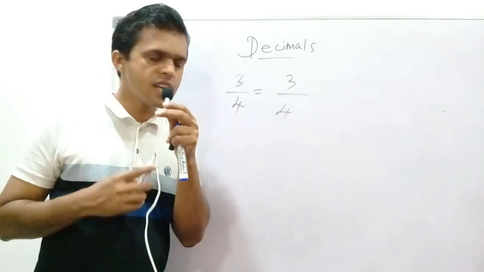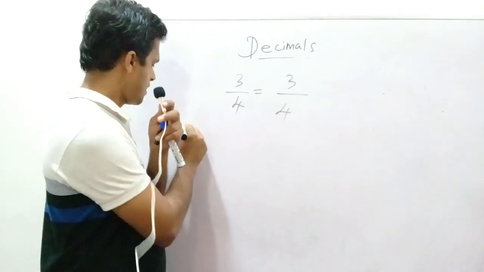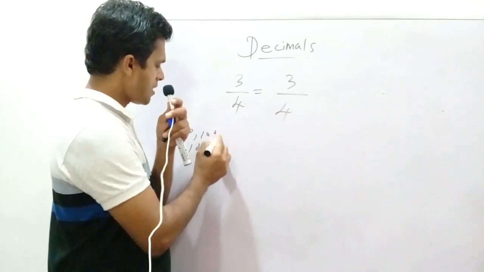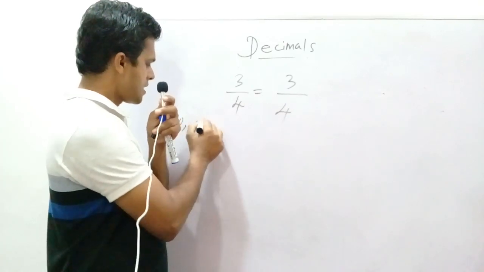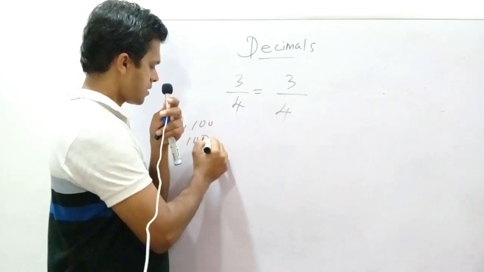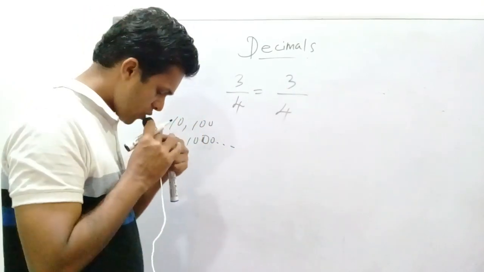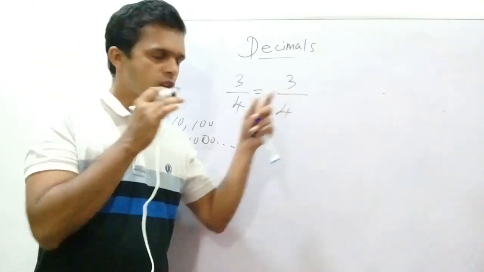Can you obtain 10, 100 or 1000? These numbers can be taken, 10, 100, 1000 and so on. In the denominator, you have to write 10, 100 or 1000.